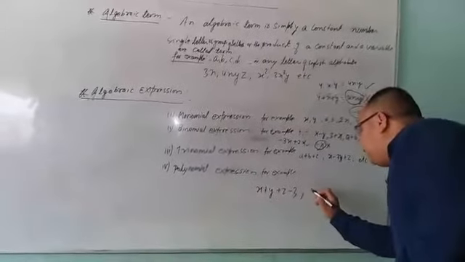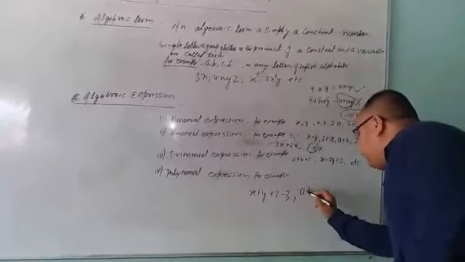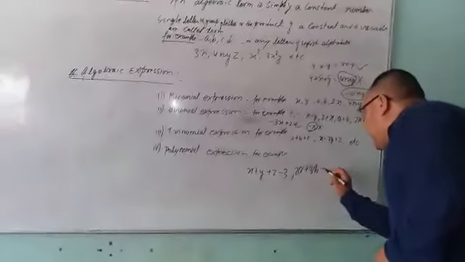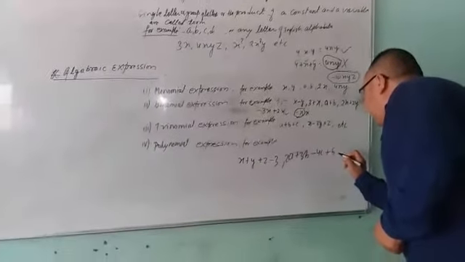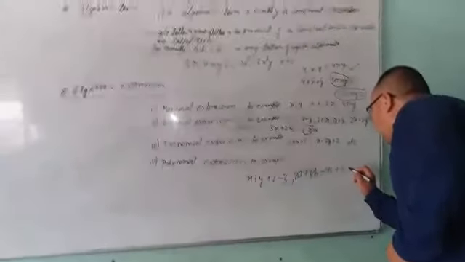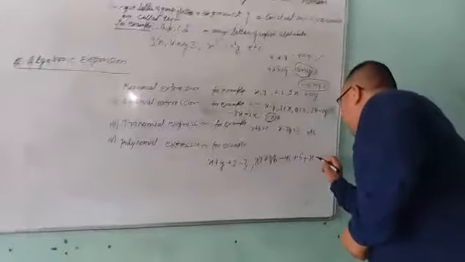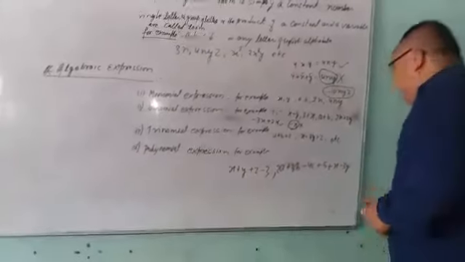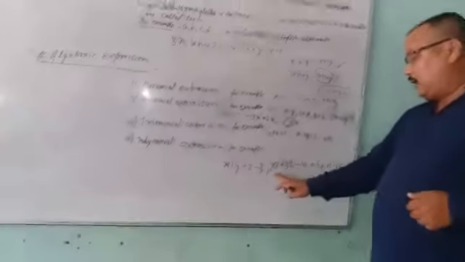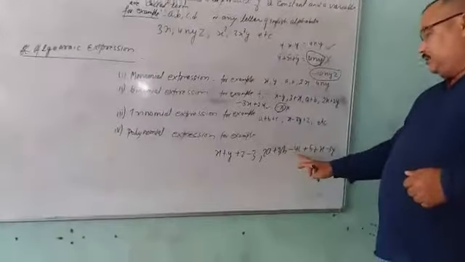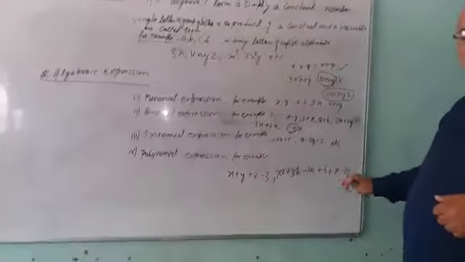Another example, 2a plus 3b minus 4c plus 5 plus x minus 3y. Here in this expression we have 1 term, 2 terms, 3 terms, 4 terms, 5 terms and 6 terms.